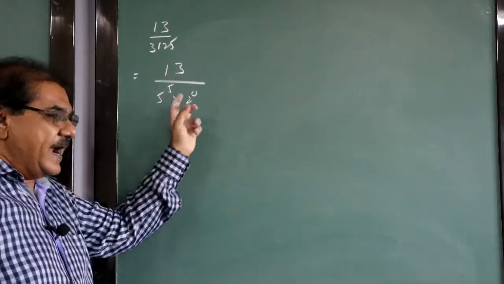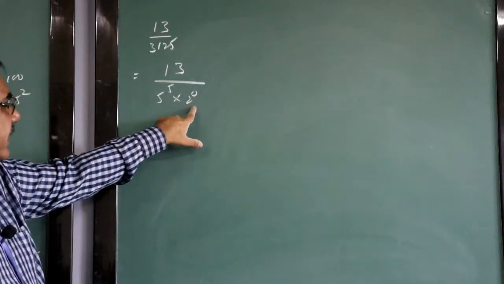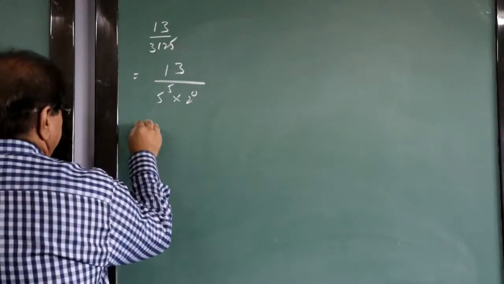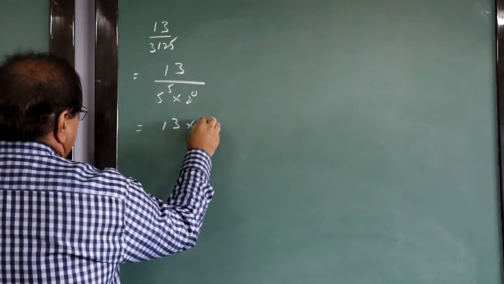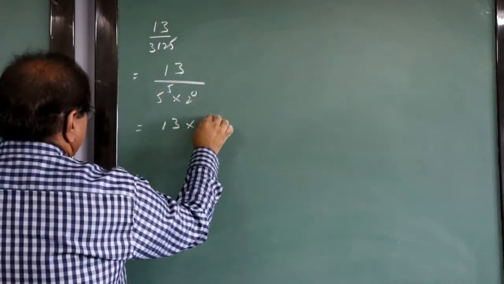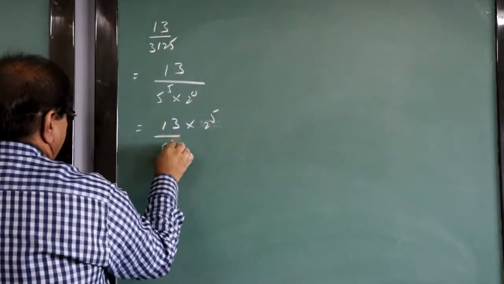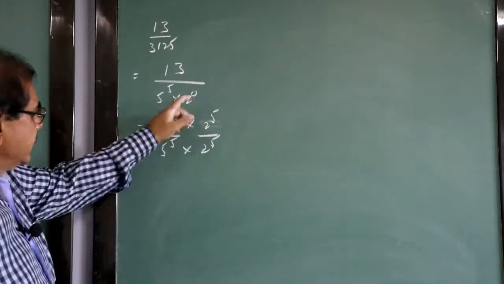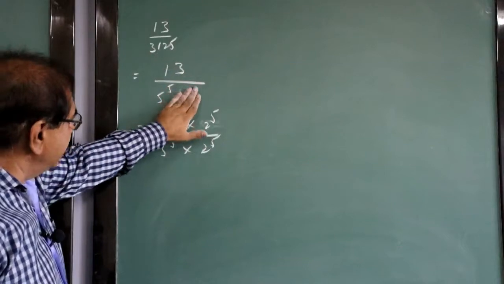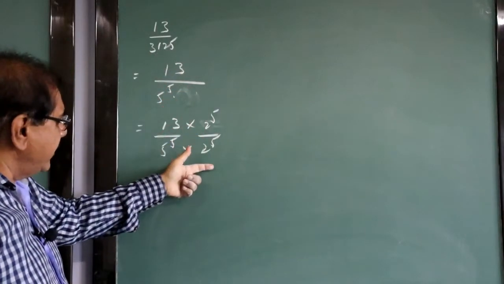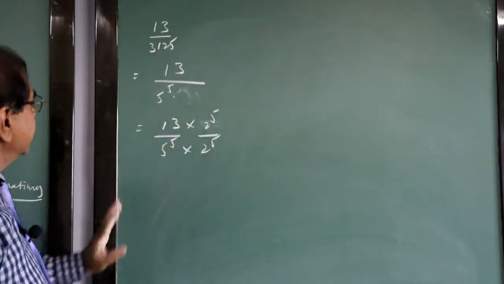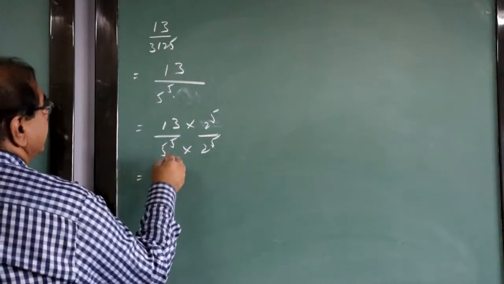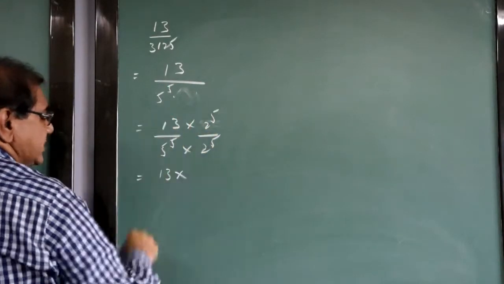To make the denominator a power of 10, I want here 2 raised to 5. So it is 13 multiplied by 2 raised to 5, and here it is 5 raised to 5 multiplied by 2 raised to 5. So ultimately this number is multiplied by 2 raised to 5 upon 2 raised to 5, whose value is 1, so the number is not changed.